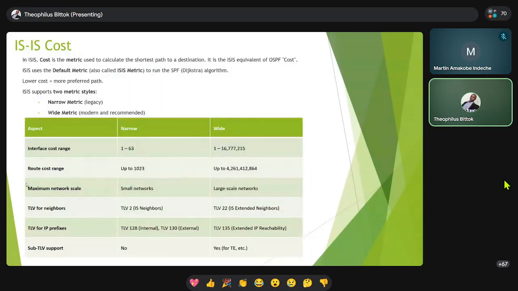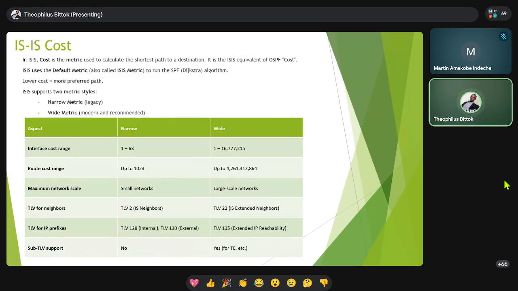Now, let's go to ISIS cost. And actually, ISIS being a link state routing protocol, you will find that each and every link has been assigned a metric.